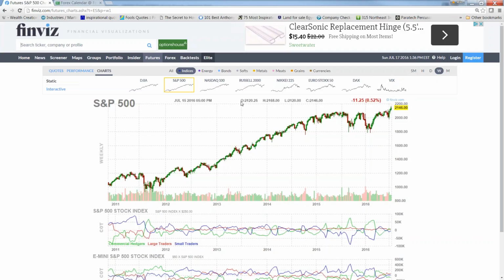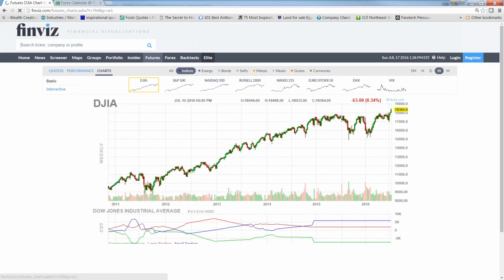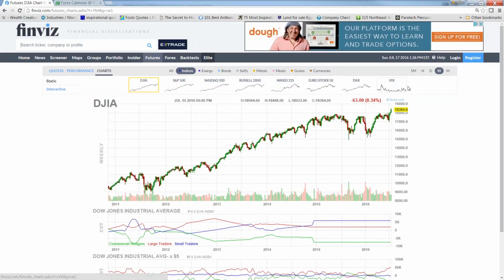And the range of last week, pretty much the high, about 40 points, 40 handles for the whole of last week. And then if you look at the Dow Jones, this is the one that actually pushed quite a bit higher.